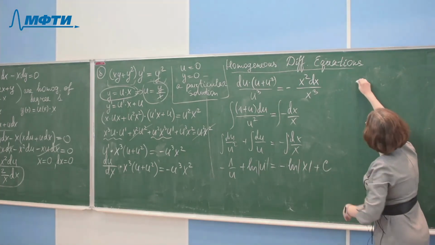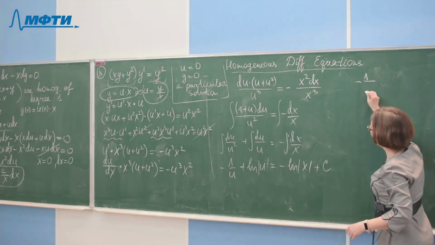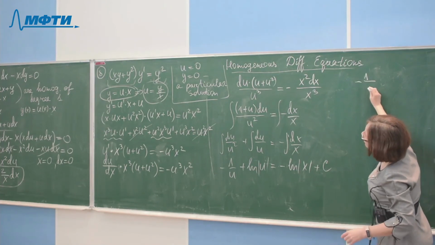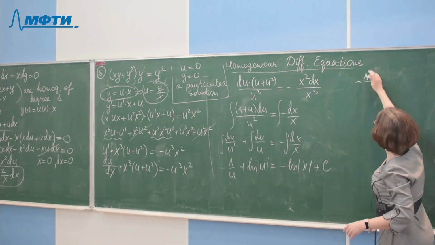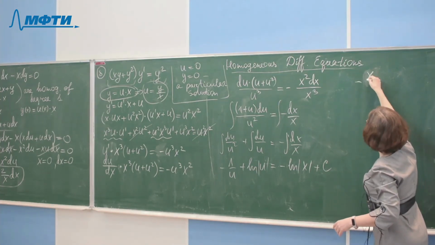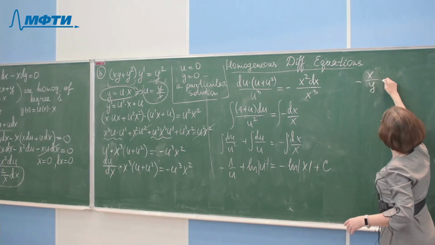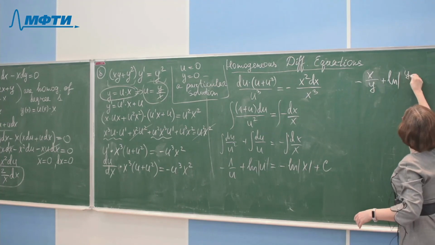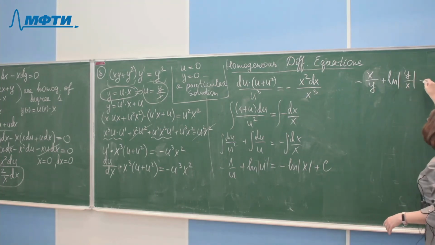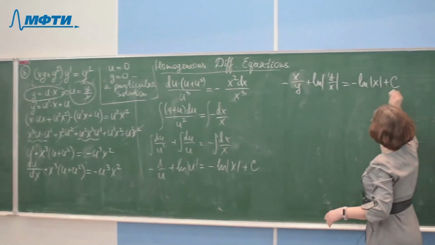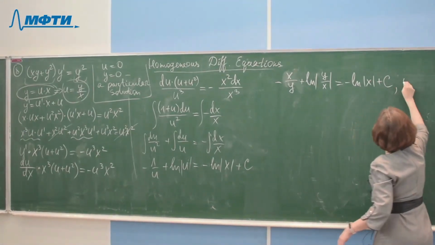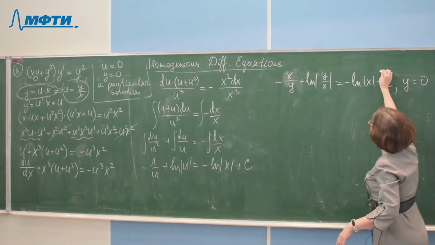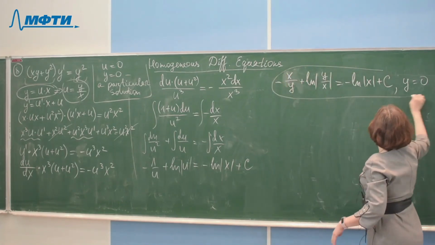Then we get the following: minus 1 over u, so u is y divided by x, so it is x over y plus ln y over x equals minus ln x plus c, and a particular solution y equals 0. So this is the answer.